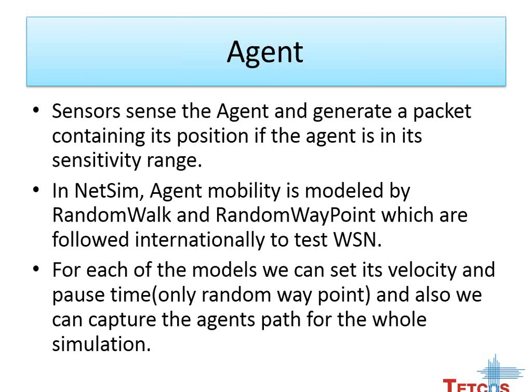In NetSim, agent mobility is modeled by random walk and random waypoint, which is followed internationally to test wireless sensor networks. The reason why agents require mobility is, for example, let's say fire. A fire won't be statically located in one place, it will spread. And for each of these models, users can also set velocity and pause time.